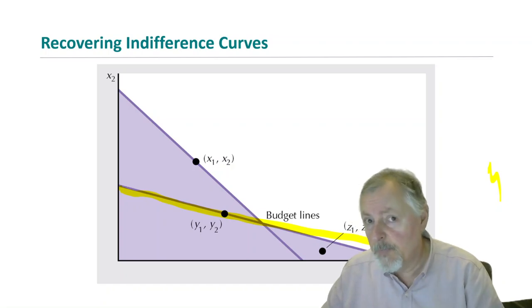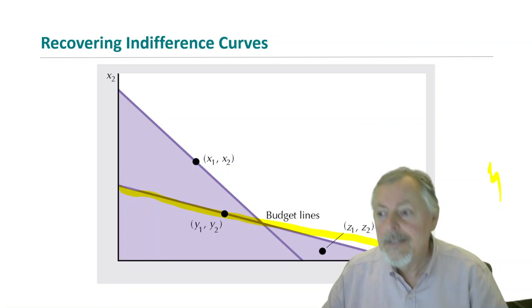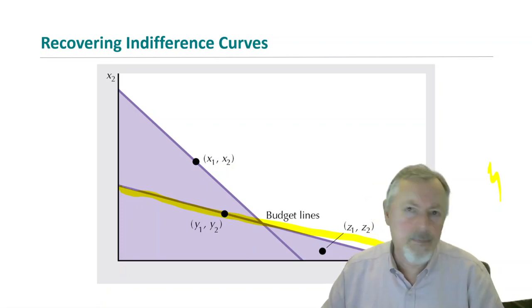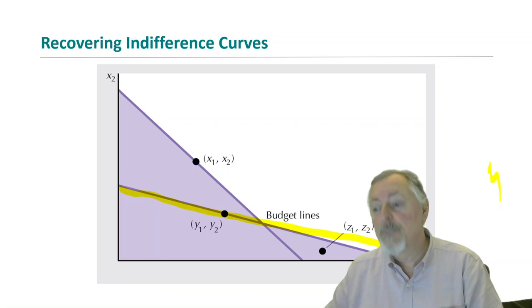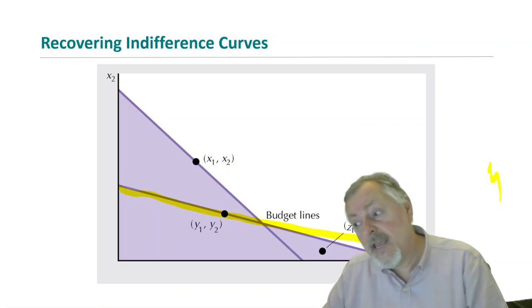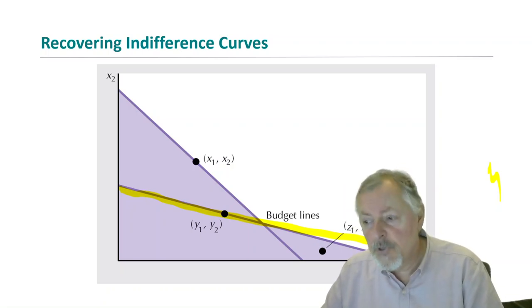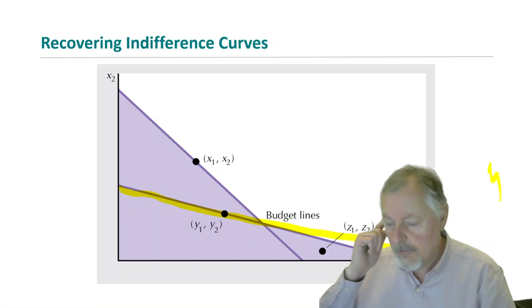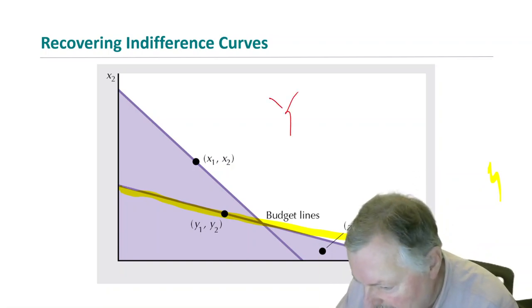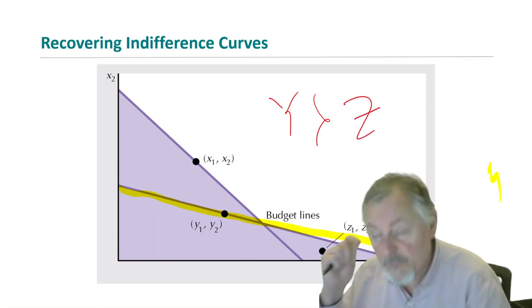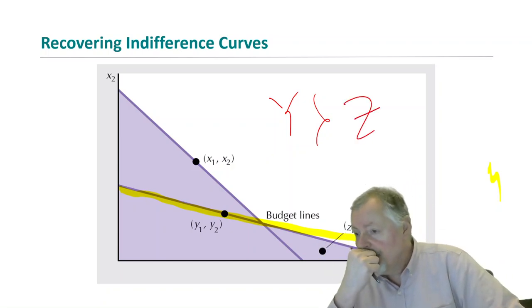Z wasn't affordable before. Now it is, but now X is not affordable. So we know this person's not going to pick the X bundle because they can't. The person can pick Y if they want. They can pick Z. This person picks Y. That tells us the person has directly revealed they prefer the Y bundle over the Z bundle.